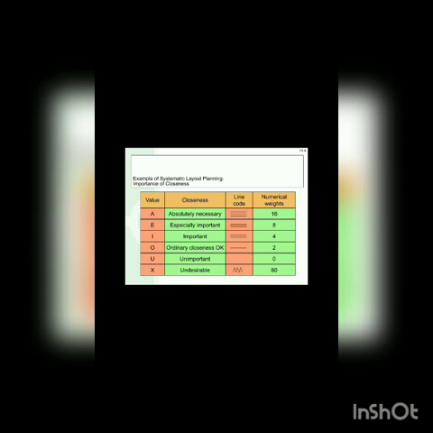I is important, with a weight of 4. O is ordinary closeness, then the weightage is 2. U is unimportant, then the numerical weight is 0. And for undesirable, the numerical weight is 80.